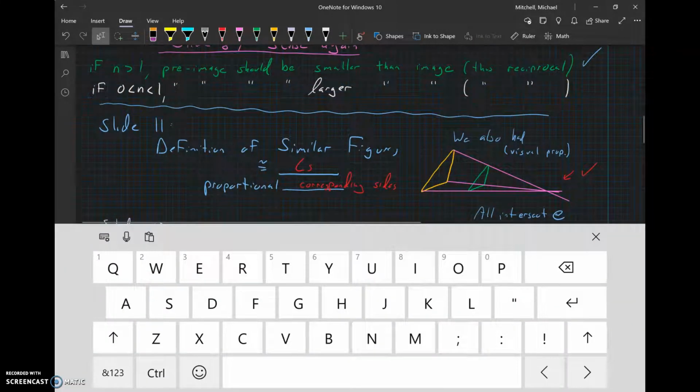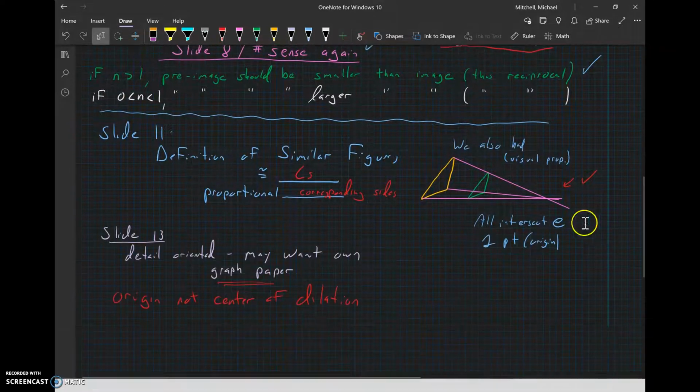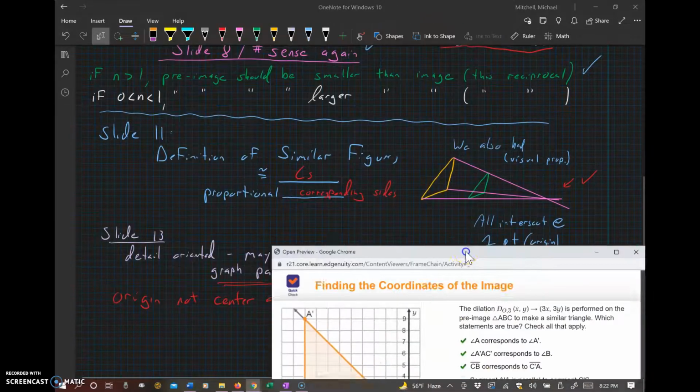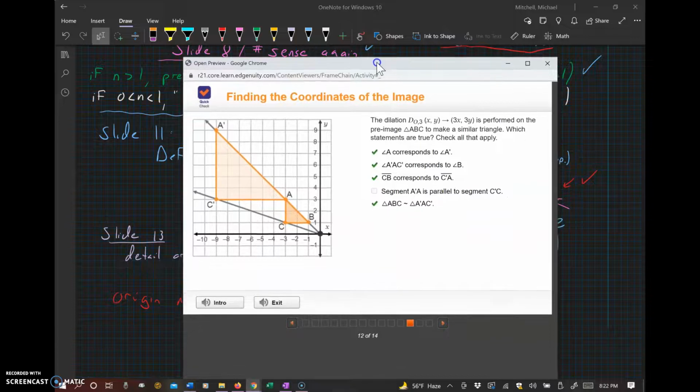For instance, this diagram right here. You can see those lines going towards the center, the gray and the orange one. But also what I wanted to note on here is this point right here, A, B, C, the small triangle.